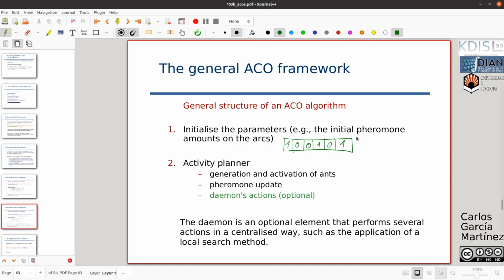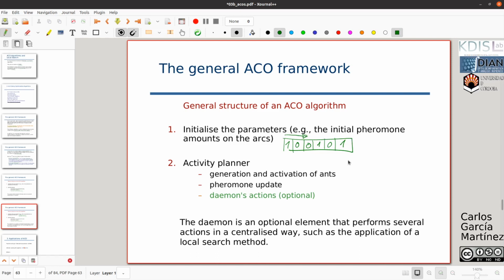How can you make ants produce solutions like this one? Well, a very simple idea is to make the ant go over the positions of this vector.